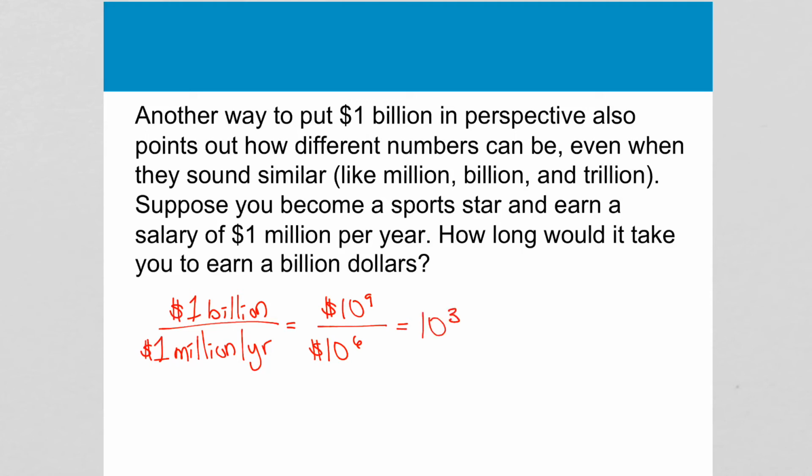Gives us 10 to the 3rd, or 1,000 years. Did you realize that? If you earn $1 million a year, you will never become a billionaire. So imagine how hard it is to be a billionaire. Okay, so that's the end of today's lesson.